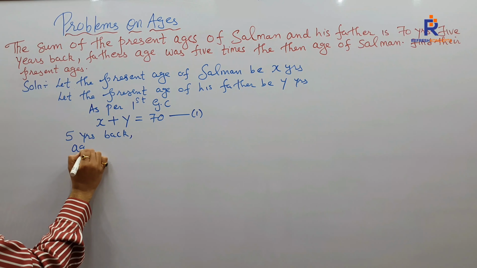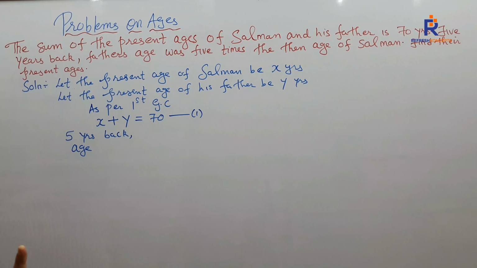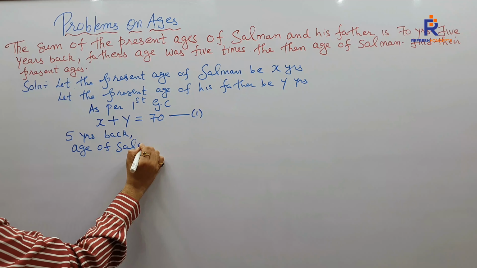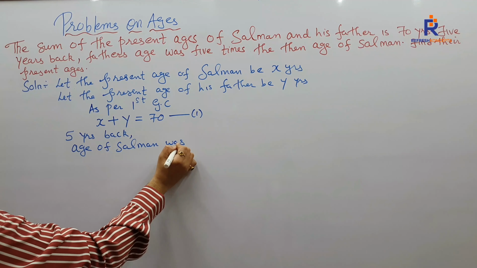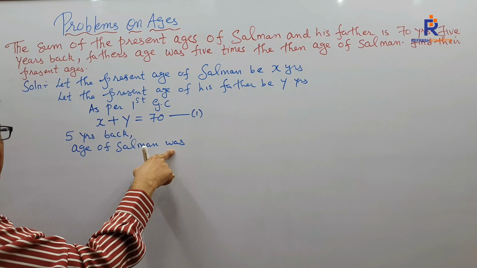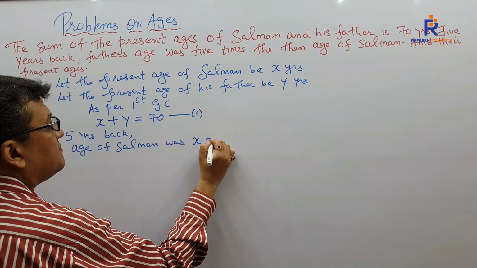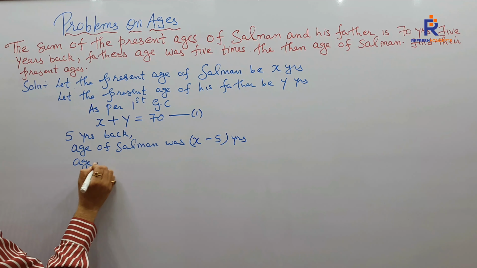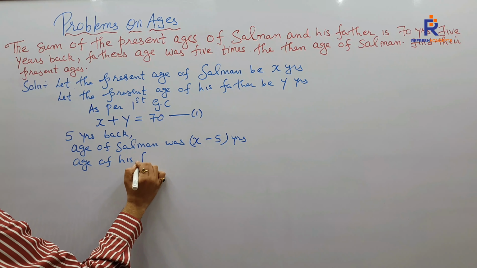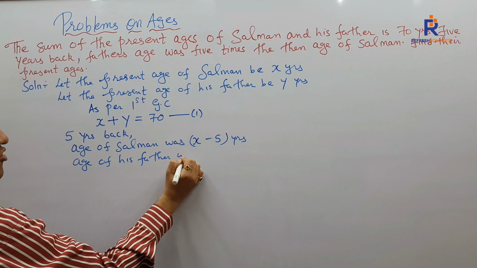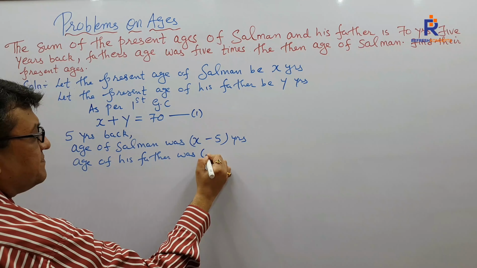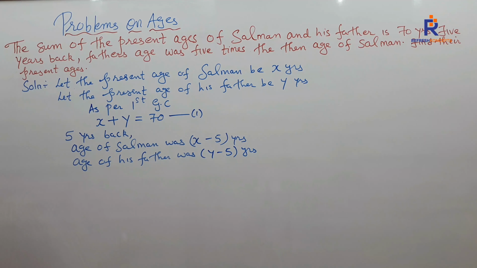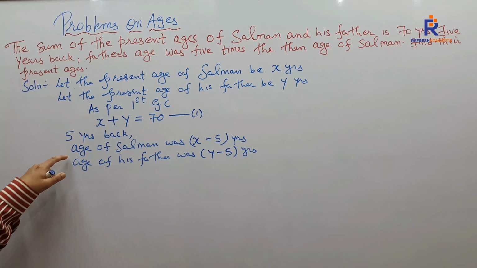Immediately, please do not read the question further. Age of Salman was, since it is back, past tense, X minus 5 years. Age of his father was, father's present being Y, Y minus 5 years. Children, this is what I was talking about, 1, 2 and 3.